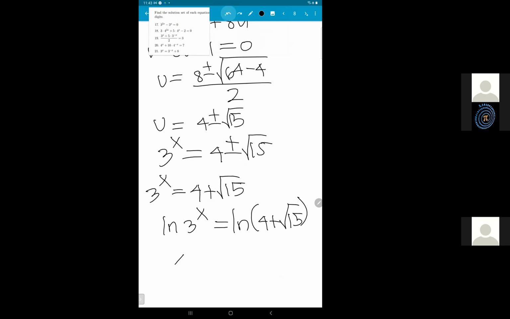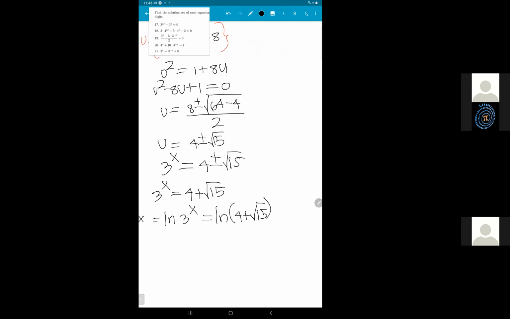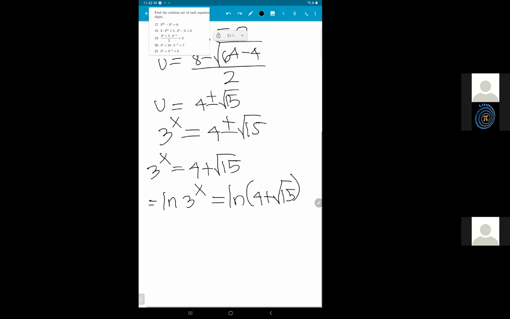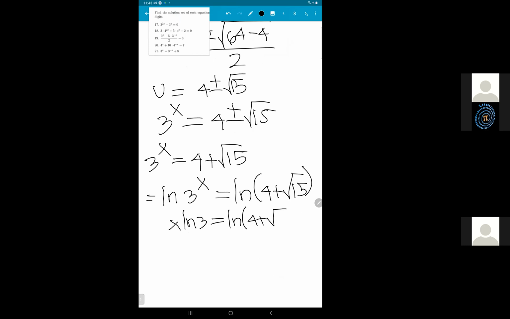That becomes xln3. And then you can divide everything by that, or bring it down. And you do it the same for the other. This will not become negative. It is still positive. If it is negative, then there's no solution for that case. You just substitute.